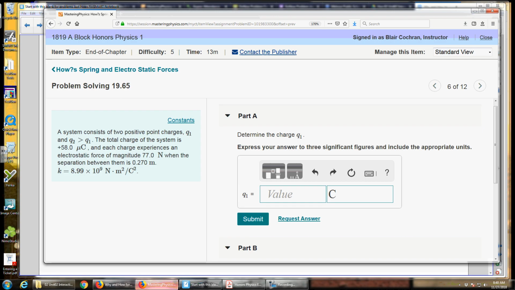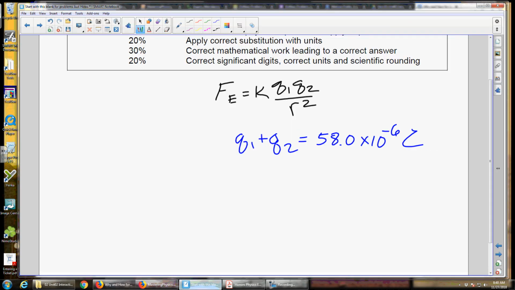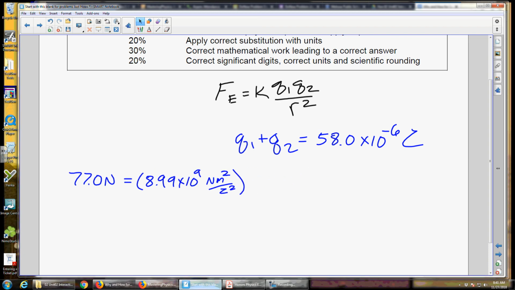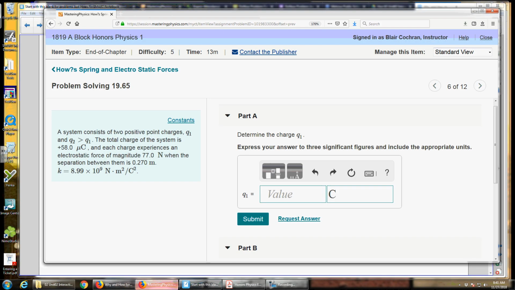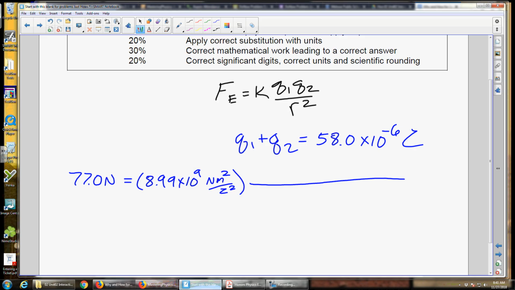So my force is 77. So I'm substituting into my equation up there. As always, let's move it over. Squared.